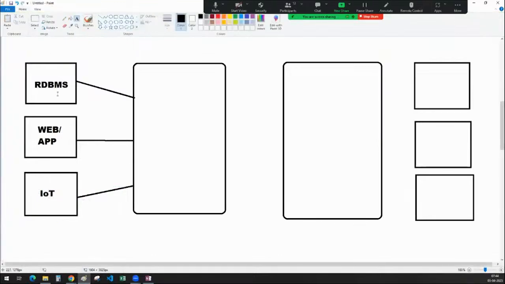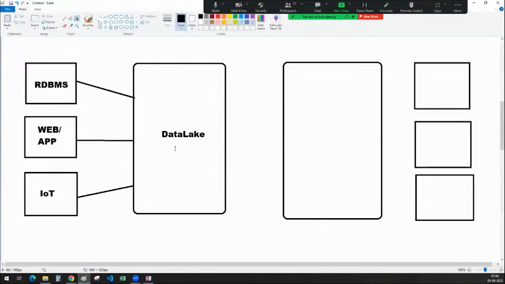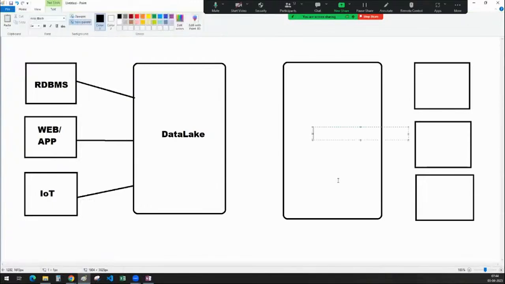So you get data from multiple data sources and you ingest the data into the data lake. So this is your data lake, guys. Once you have the data in the data lake, you process the data and send it to the data warehouse.